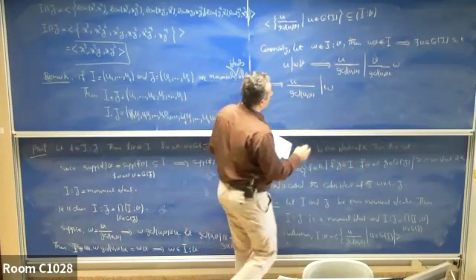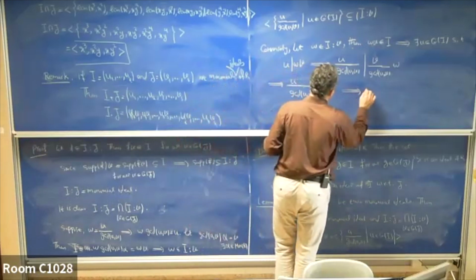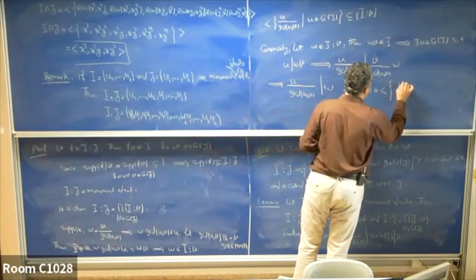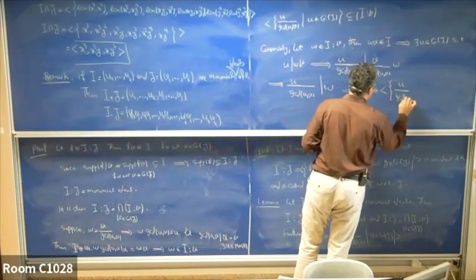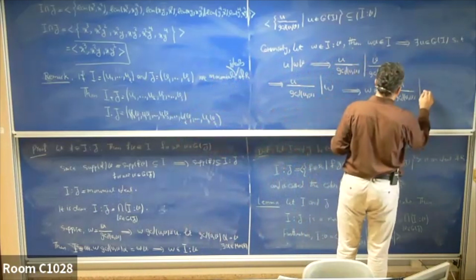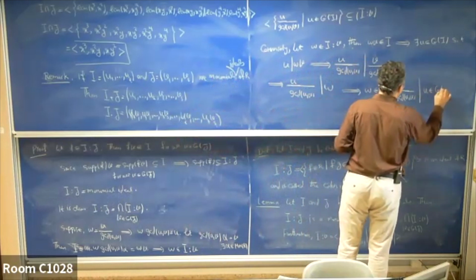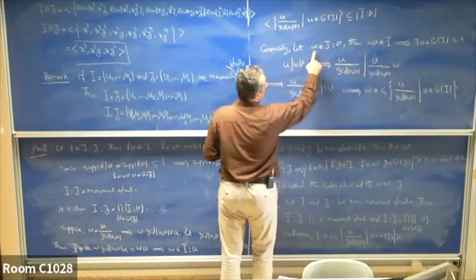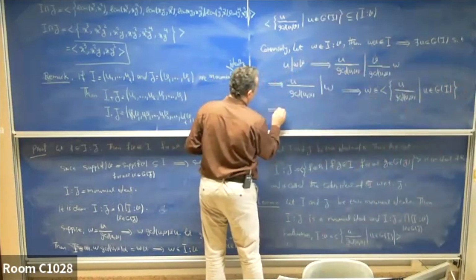It said that omega is in this set, u in G(I). And this element omega is in here.